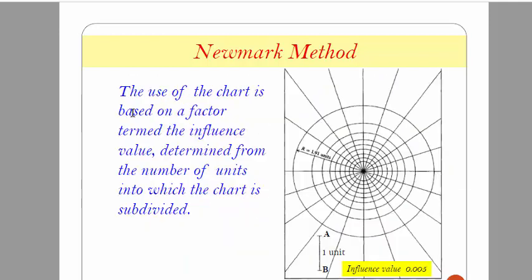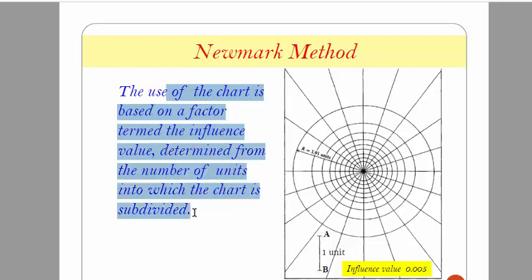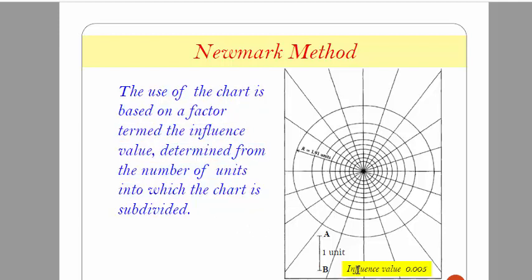Okay, so this is Newmark's chart. The use of the chart is based upon the influence value, determined from the number of units into which the chart is subdivided. So the influence value is 0.005. Suppose there is some area; place it on this Newmark's chart.